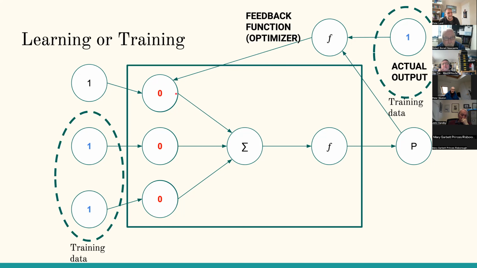We create some test data. We have a whole series of pieces of training data called a training data set. We pick one from that and present it on the input of our neural network, in this case just one neuron.